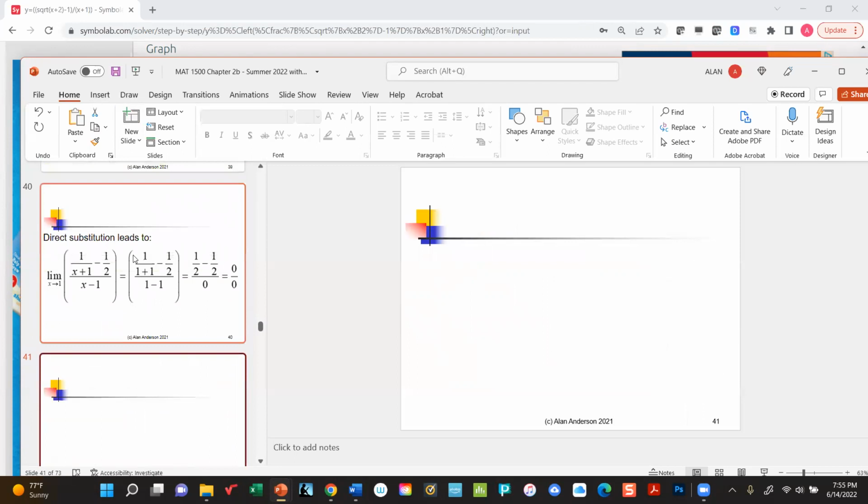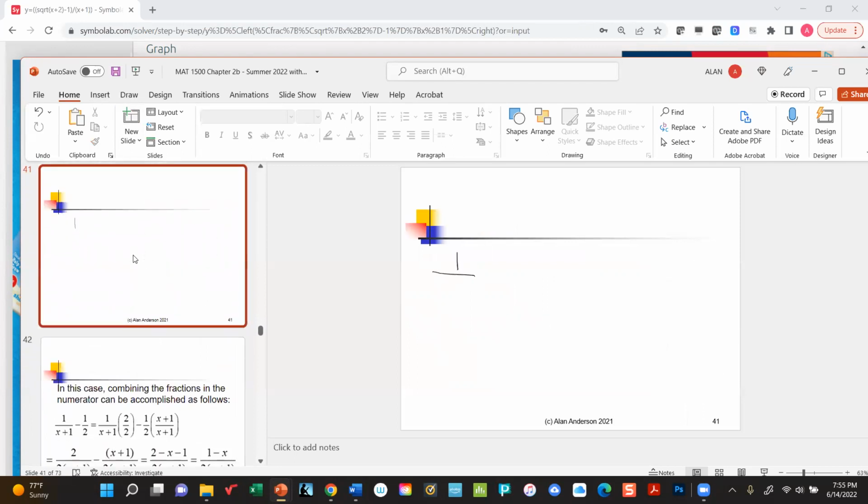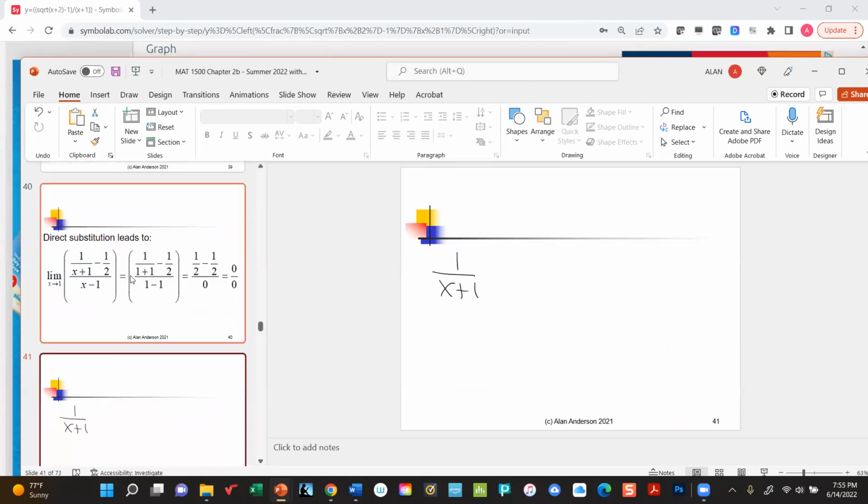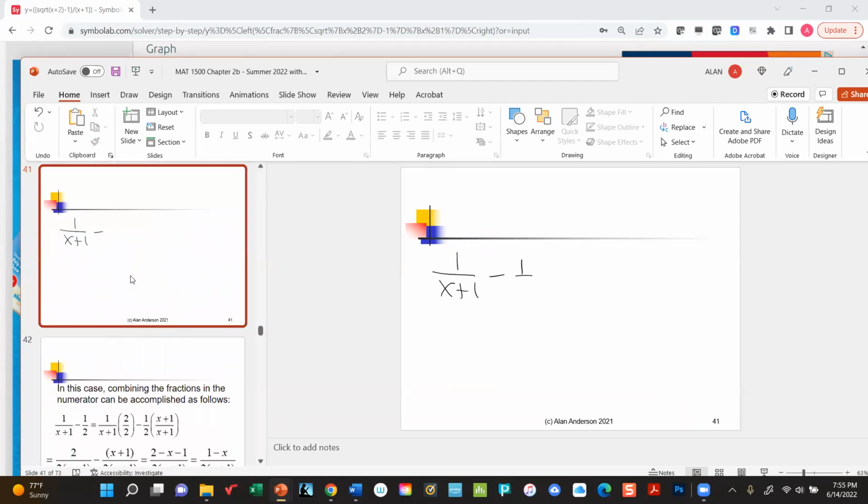Let's focus on the numerator for a second. Ideally, we would like to convert this into a single ratio, which hopefully leads to a cancellation somewhere. So here's what we can do. How about multiply this one by 2/2, and we multiply this one by x plus 1 over x plus 1, because those are the denominators.